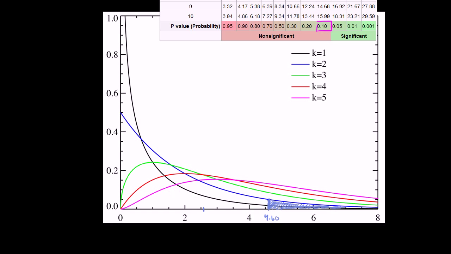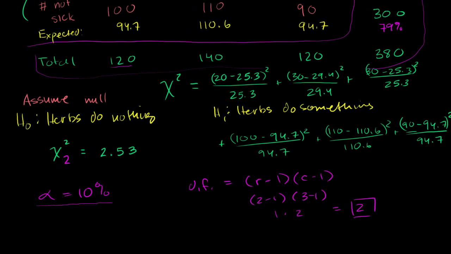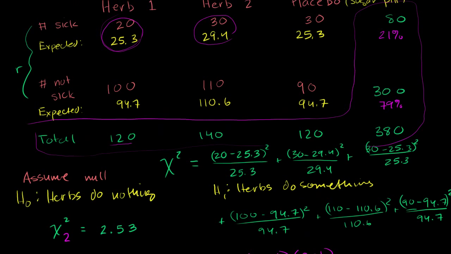So based on our data that we have right now, we cannot reject the null hypothesis. So we don't know for a fact that the herbs do nothing, but we can't say that they do something based on this. We won't say 100% that it's true, but we can't say that we're rejecting it. So at least from this point of view, it doesn't look like the herbs did anything that would make us believe that they're any different than each other. And one of the herbs is obviously a placebo, so any different than a placebo or each other.